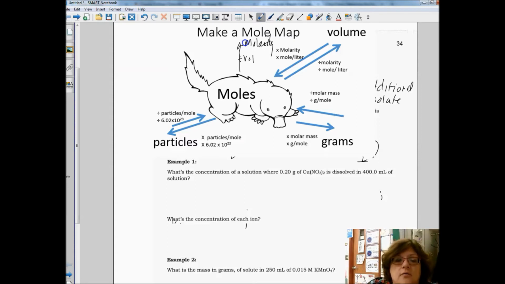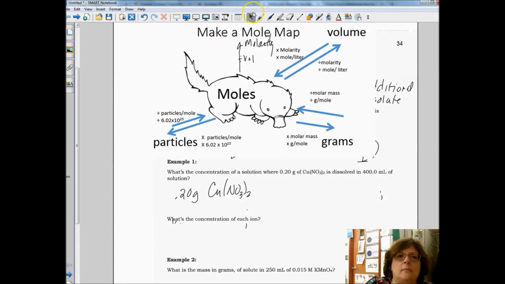All right, so our first question asks, what's the concentration of a solution where you start with 0.20 grams of copper 2 nitrate? So we're going to start with grams.